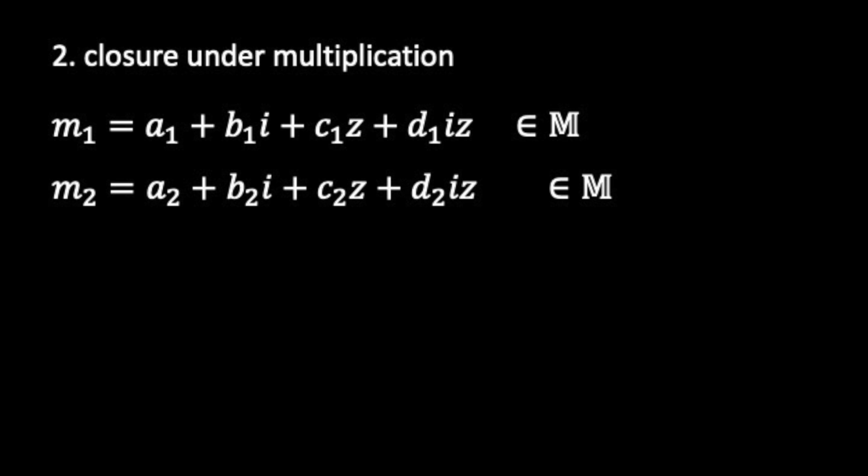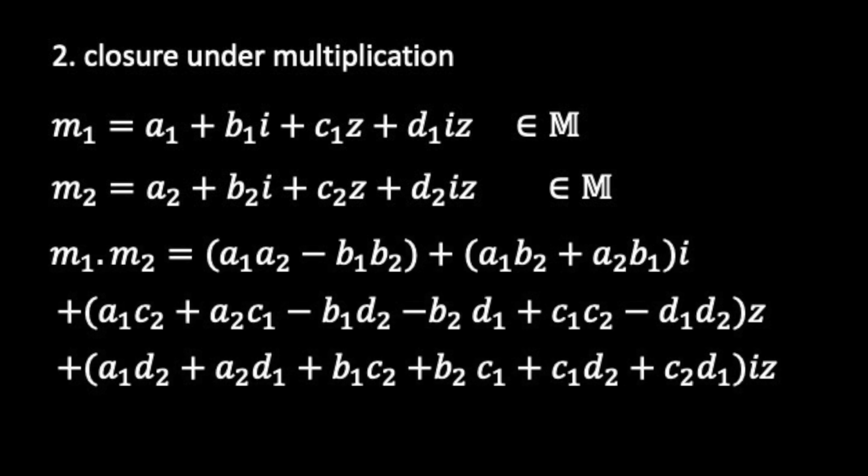In the same way, the set M is closed under multiplication. When we multiply two metacomplex numbers together, the result is again a metacomplex number.